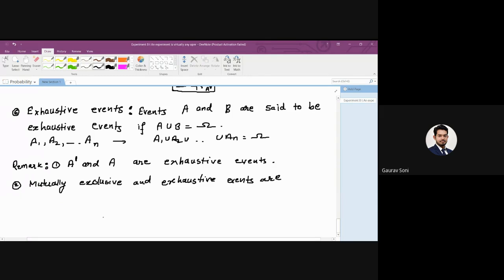What I want you to do is take two events A and B. Both are mutually exclusive and exhaustive. What will happen? Can you draw the Venn diagram for this? Think of the Venn diagram and what do you get there?